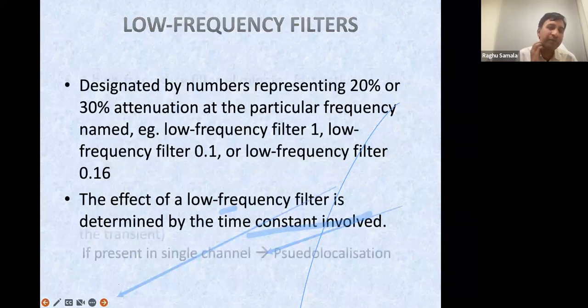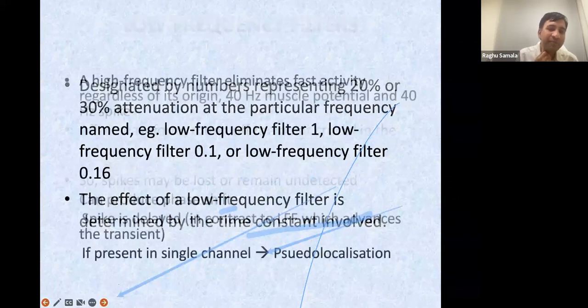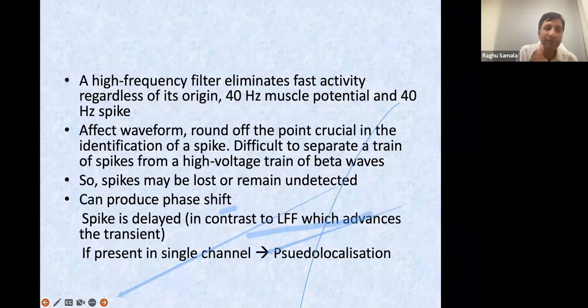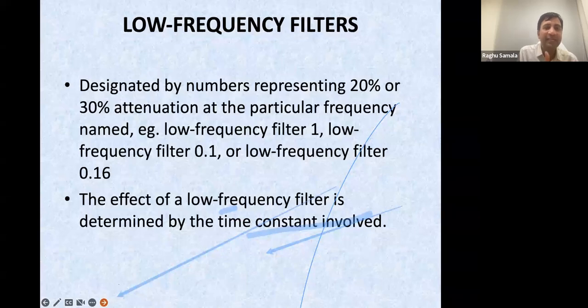For example, if we keep the high frequency filter at 70, anything above 70 loses the quality of the waveforms. Whereas for the low frequency filter, if you keep it at, for example, 1, anything less than 1 will be lost, and anything above 1 comes as it is.